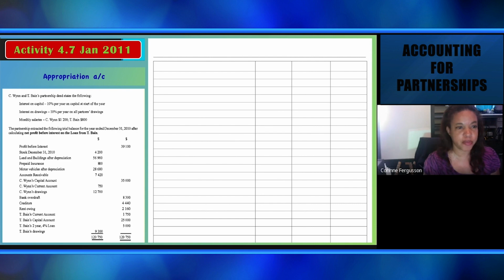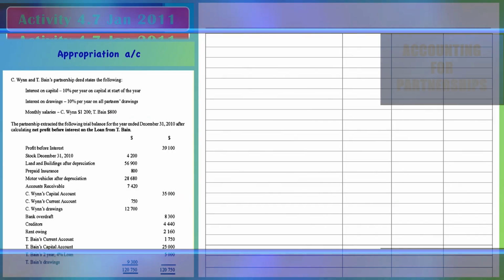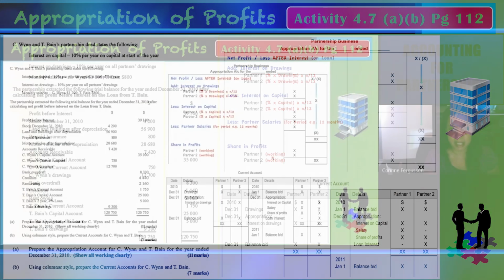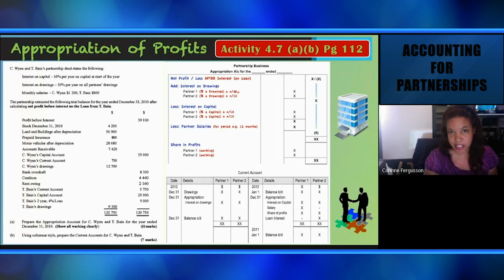So, appropriation of profits. For this question, most of you got most of it right, but there were some little points that I definitely need to go through with you. The first detail that people made a common mistake with, which we are going to emphasize, is that the profit and loss is the profit after interest on loan.